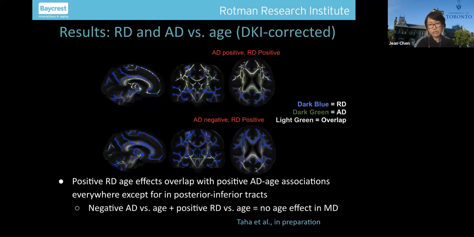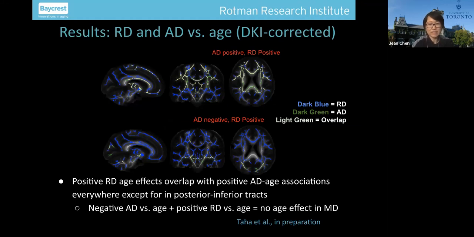Now, I did mention that we wanted to see what the kurtosis corrected DTI parameters would give us. And here we see, reassuringly, that most regions exhibit an increase in diffusivity, whether it's axial or radial, except for these posterior inferior regions.